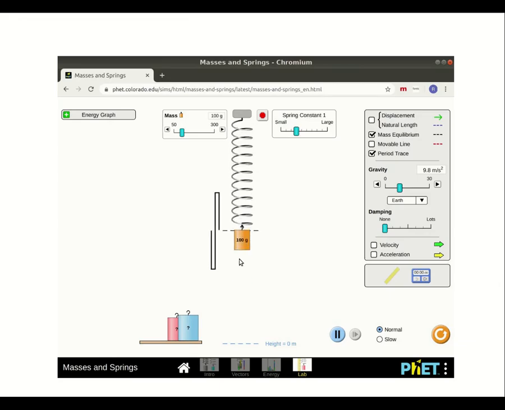An oscillation, a single oscillation, is from the equilibrium position to an amplitude, back through the equilibrium to the negative amplitude, and back to the equilibrium. So that's one oscillation. It's important you understand that, so we'll watch it again.